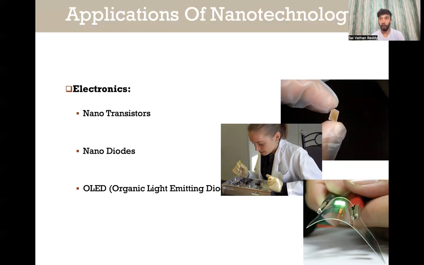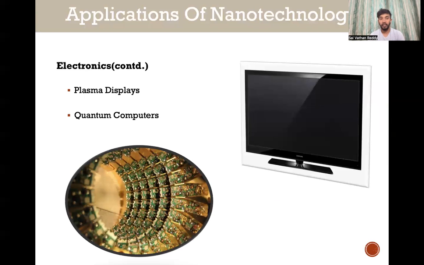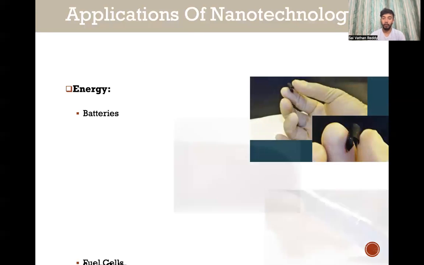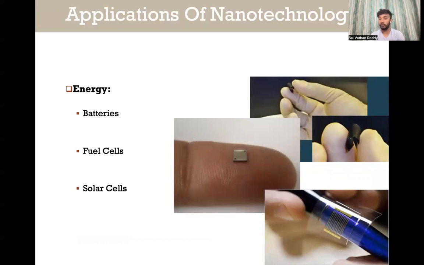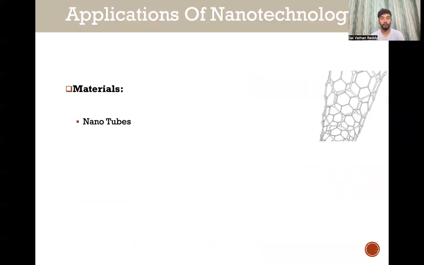Every OLED TV is nanotechnology right now. The plasma displays, quantum computers in phones and laptops, everything is an application of nanotechnology, including batteries, fuel cells, and solar cells. Even the energy industry now works on nanotechnology.